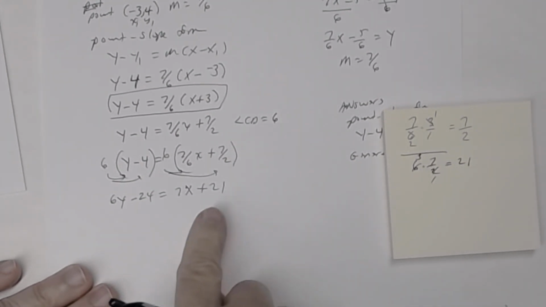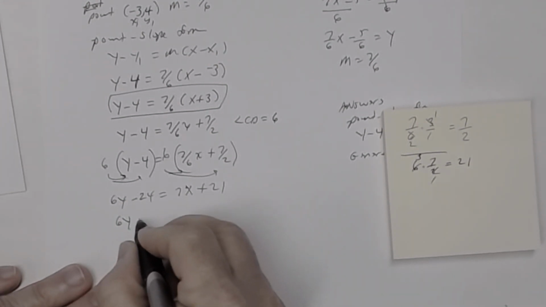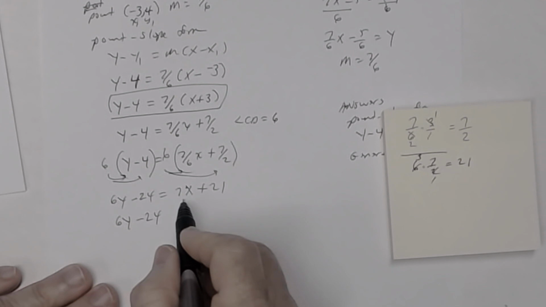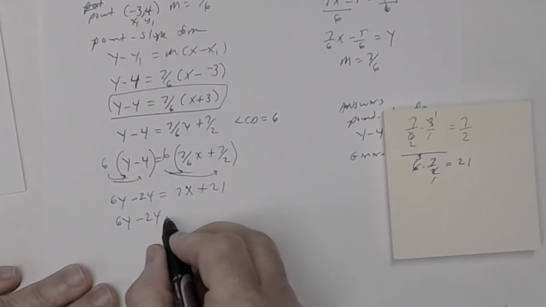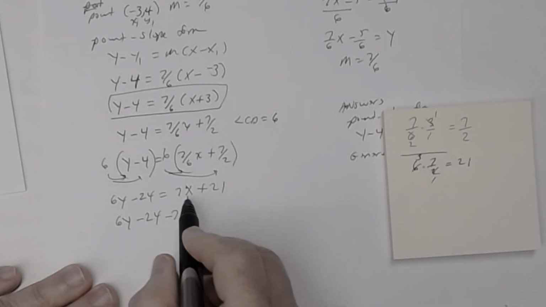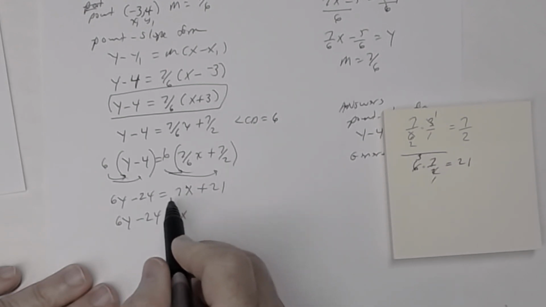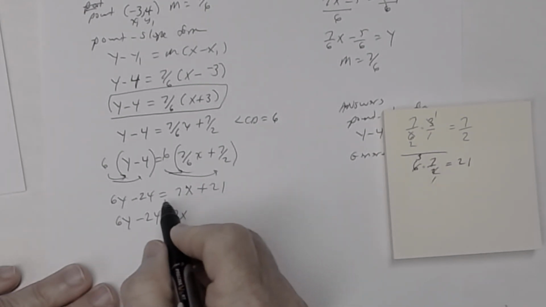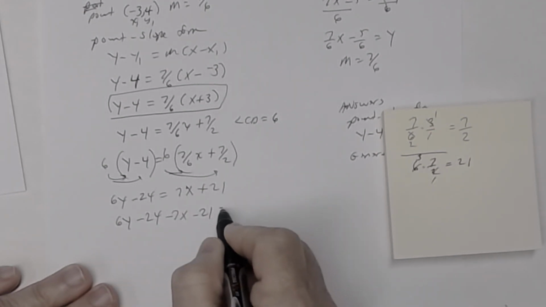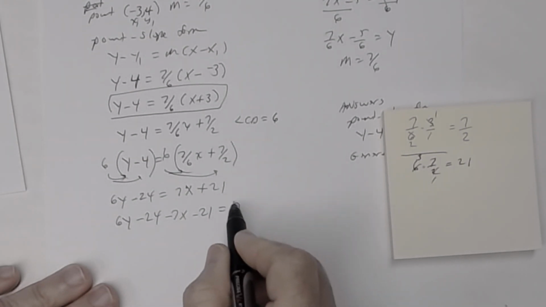And then all you do is bring all the terms to one side. So I get 6y minus 24. When I bring the 7x to the other side, I get negative 7x, because mathematically you're subtracting 7x from both sides. And then you subtract 21 from both sides. You get minus 21 equals 0. So remember, you always want 0 on that side. So no fractions and 0.